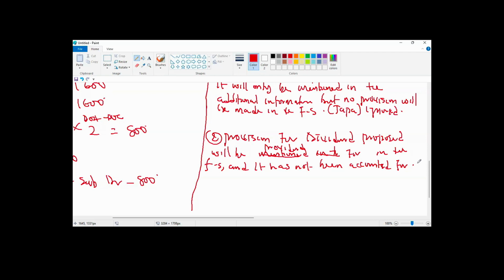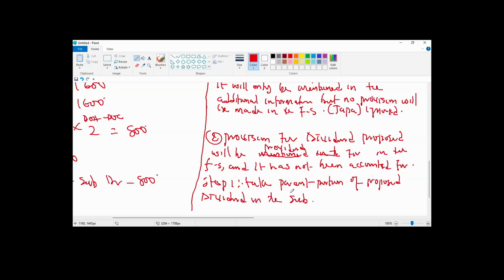What do I do in this regard? Very simple. First step, step 1: take the parent's portion of the proposed dividend in the subsidiary.